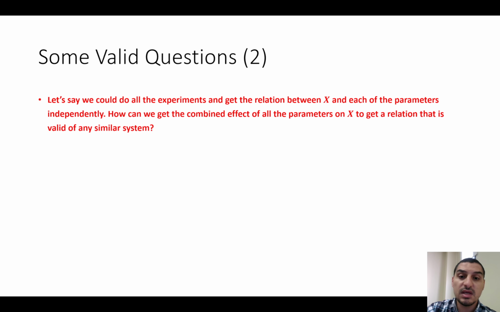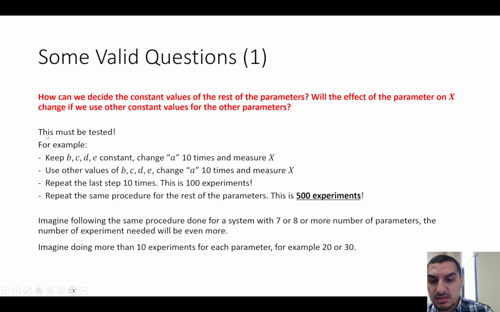The first is, if we are able to do this, let's go back to this approach here. We said we will change b, c, d, and e. So about this change, are we going to increase them all, decrease them all, increase some and decrease some?